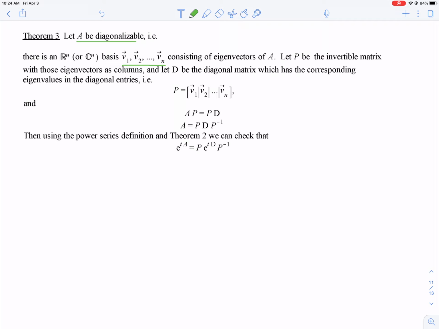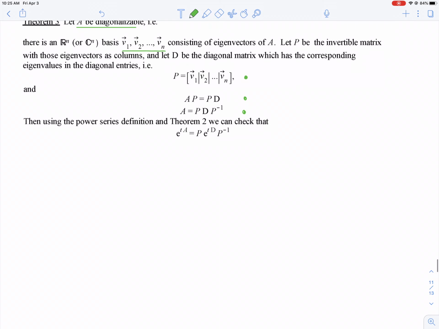And P will be the, therefore, invertible matrix which has those eigenvectors in the columns. If you look column by column, that means that A times the jth column of P, which is A times Vj, is lambda j Vj. You can rewrite that as AP equals PD, where D is the diagonal matrix of eigenvalues. And solving for A by multiplying by P inverse on the right, we get A is P D P inverse.